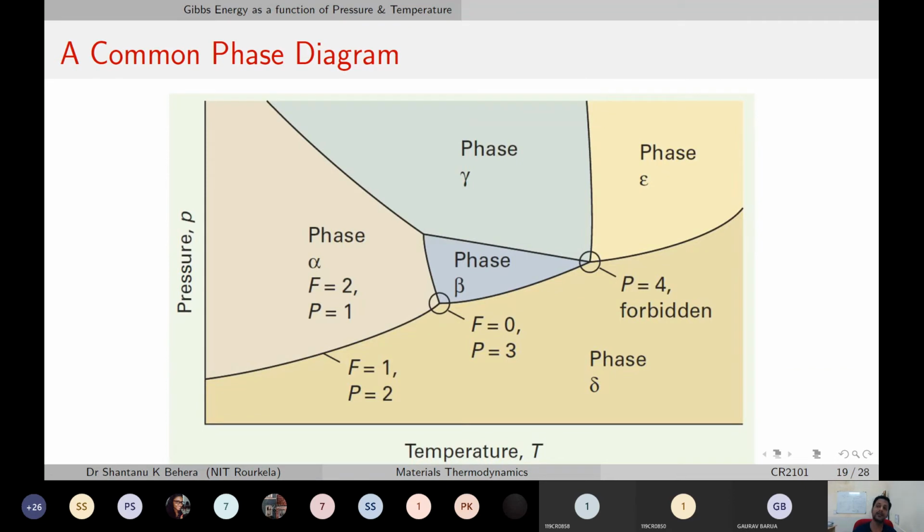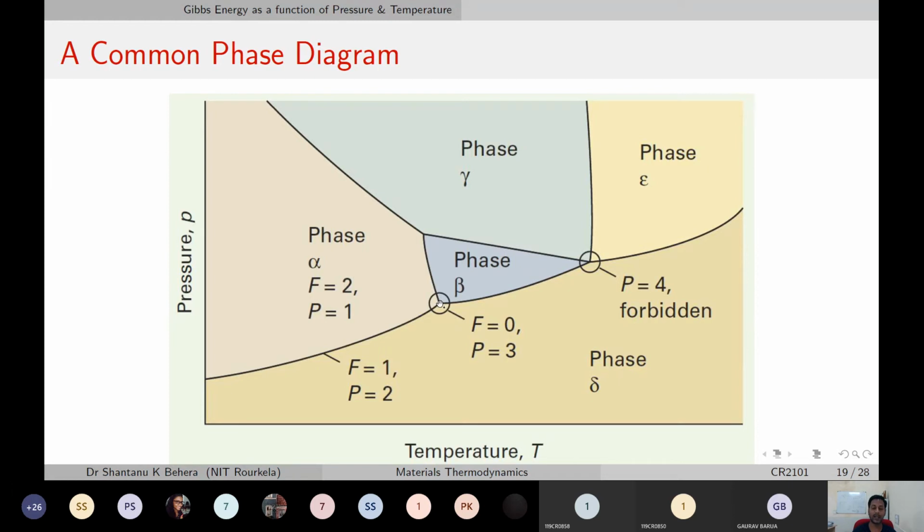Any change in any thermodynamic variable would take you away from a three-phase equilibrium. That's important. Either it will go into a single-phase system or it will go into a two-phase equilibrium line, but it will not be in this triple point, which is a three-phase equilibrium point.